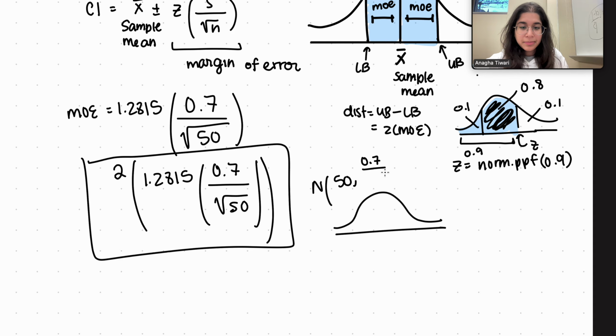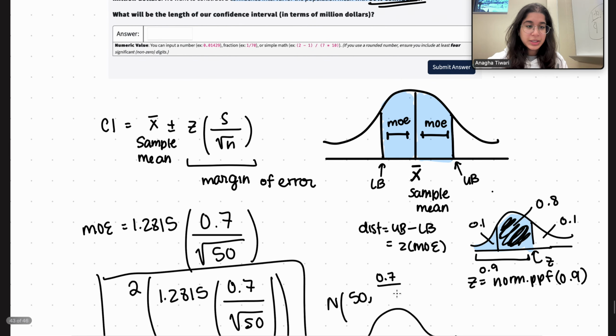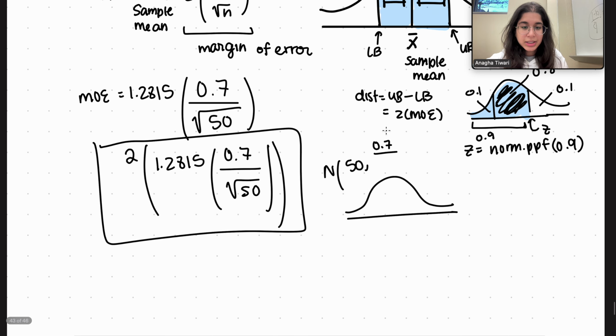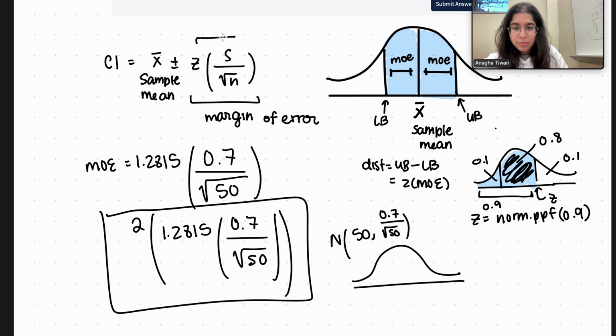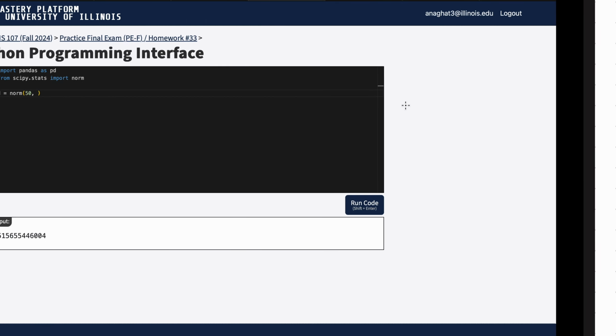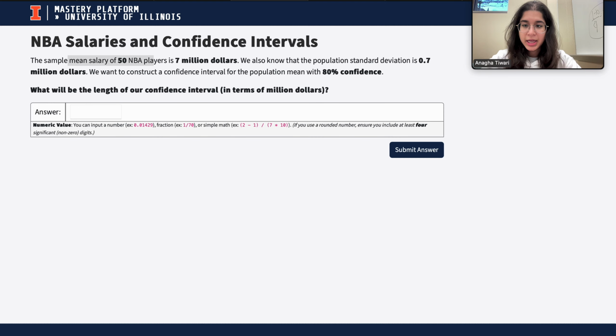So I cannot simply put my standard deviation here for defining my normal distribution. My sample standard deviation is 0.7. Sorry, my standard error will be 0.7 divided by the square root of 50, because in our confidence interval formula, we use the standard error to calculate our final interval. Here it's 0.7 divided by the square root.